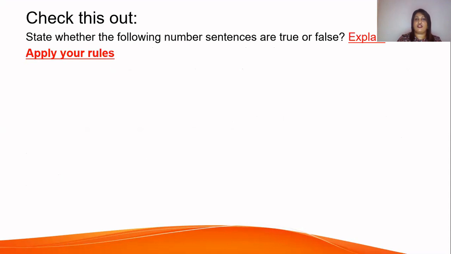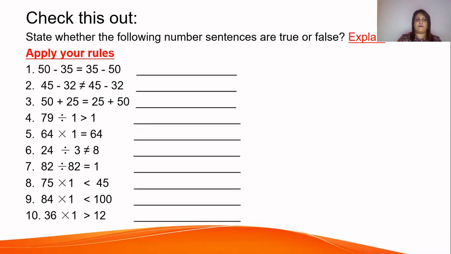Now, state whether the following sentences are true or false. Explain and apply your rules for this activity that I give you now. I'll give you a few minutes, one or two minutes. You can work through it fast and tell me whether it's true or false. Give reasons for your answer when you are attempting this.